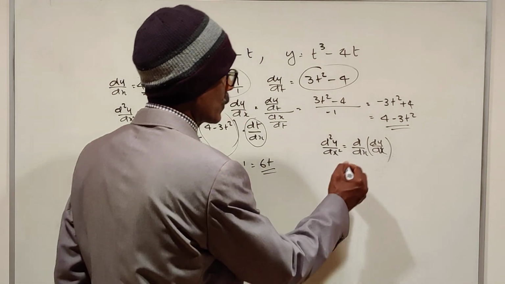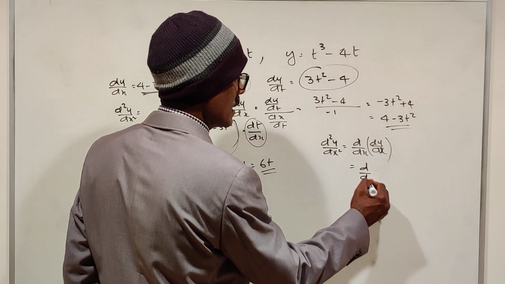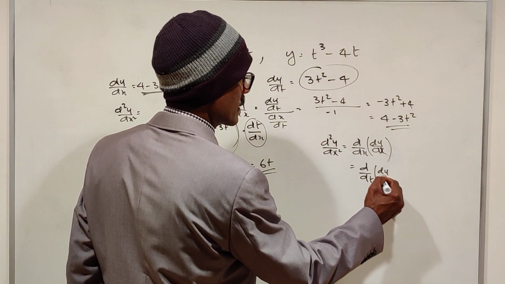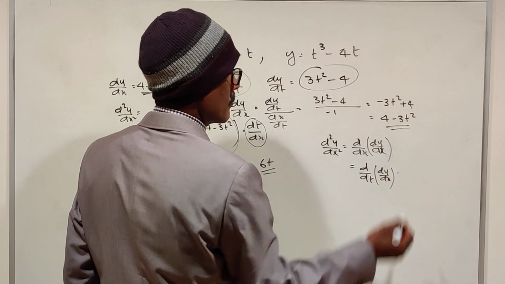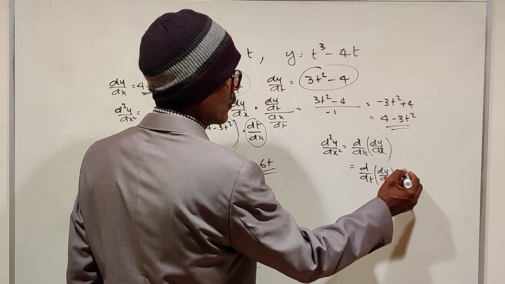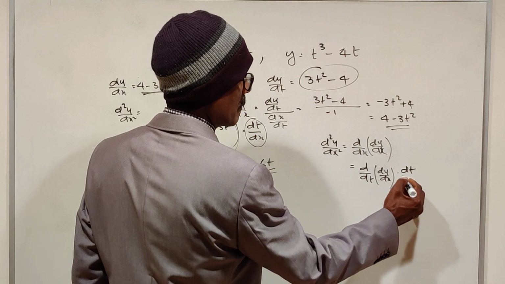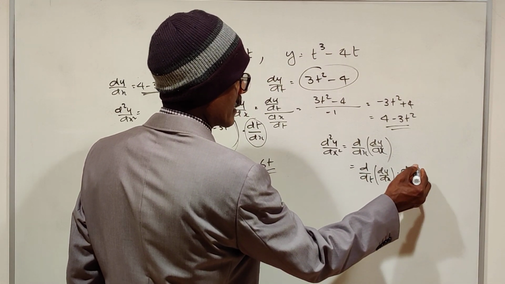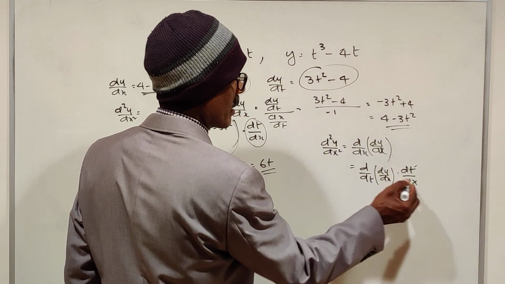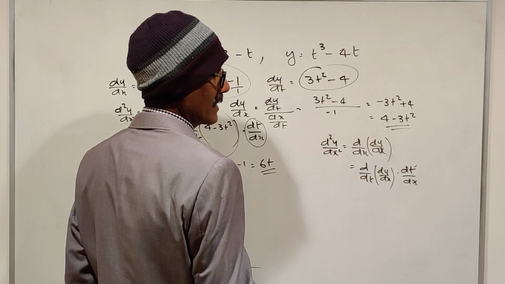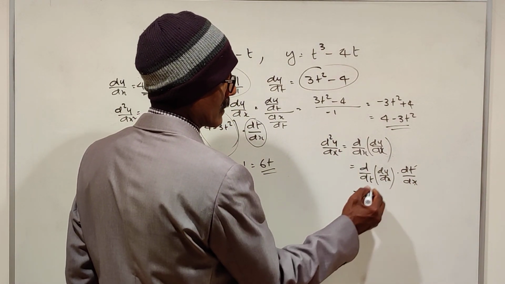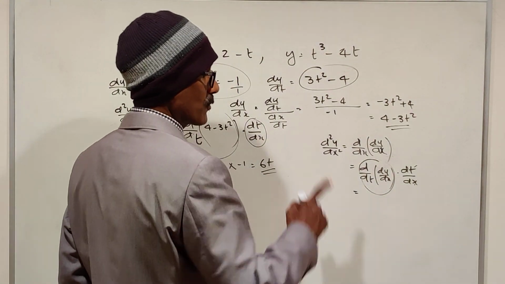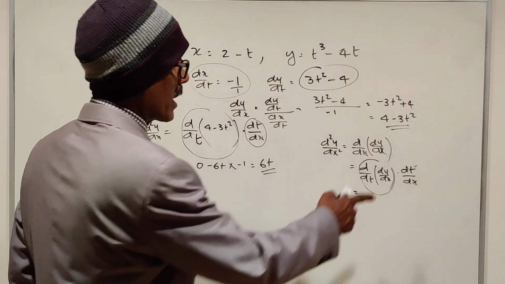You cannot differentiate. So d by dt of dy by dx, then multiply by dt by dx, so that dt cancels. Now it's right. dt cancels, d by dx. You got it? So differentiate with respect to t first, then multiply with dt by dx.